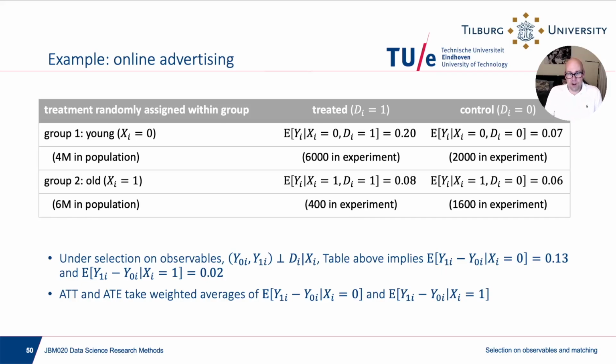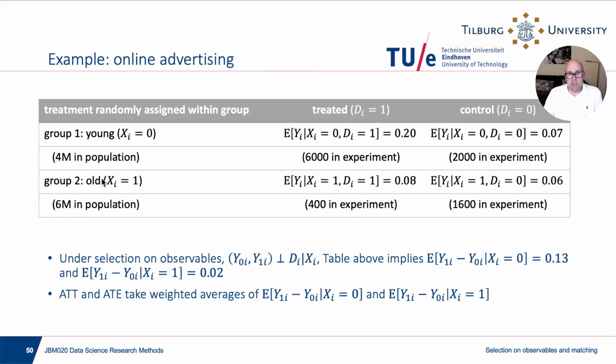So, back to our online advertising example. This is the exact same table as before, with the one difference that I've now put a little bit of notation in here, simply to recap what we have just seen. So the treated RD is equal to 1, the control RD is equal to 0. I can give these two groups also names in terms of X. I have only two groups, so I can do that with a dummy variable, calling them 0 and 1.